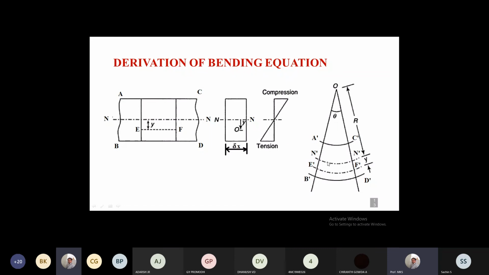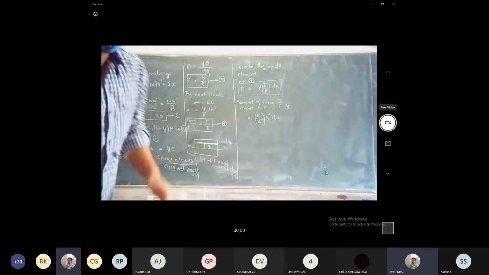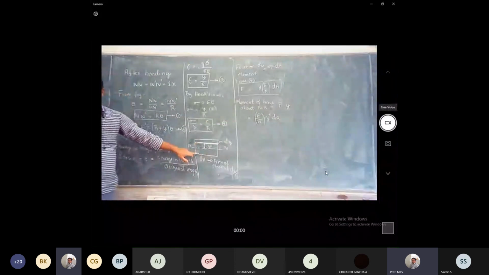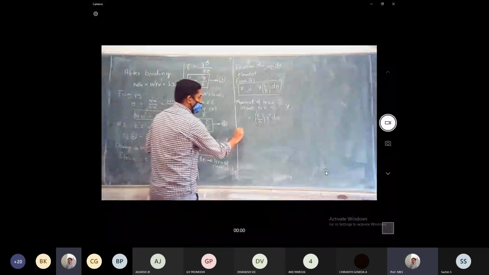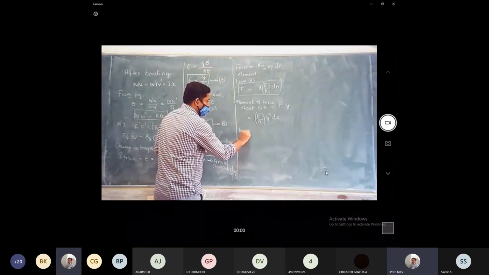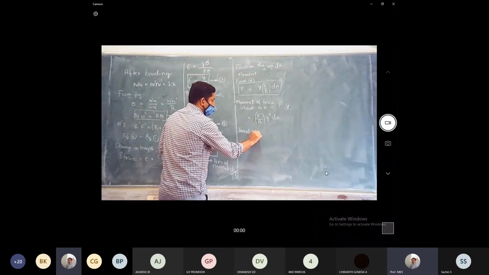There will be a number of layers present in a beam, each at a certain distance. So I need to consider all the elements present inside the depth of the beam. So the total moment.